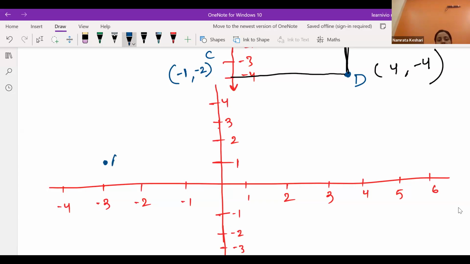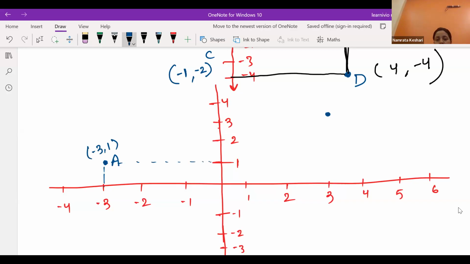Point A, please tell me the address. LF and Afia. -3, 1. Yes, -3, 1. Right, Afia? Yes, ma'am. -3, +1.